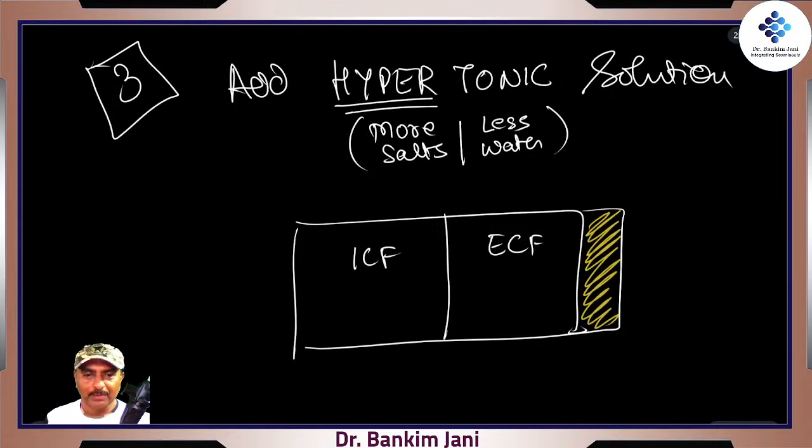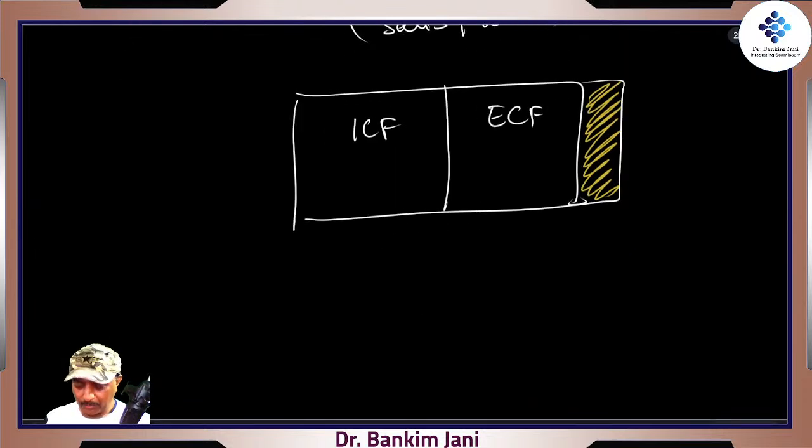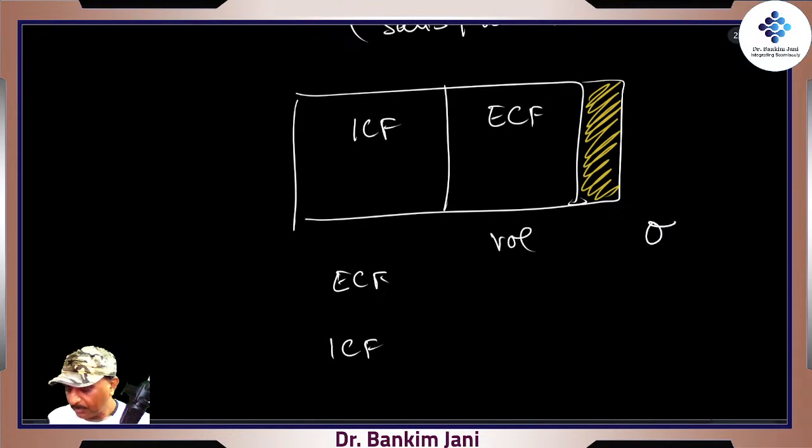So now our standard four questions: ECF, ICF, volume, osmolarity. What would happen to the ECF volume? We are adding something, so ECF volume would increase, right? We are adding such a sweet chai, so our original chai will become sweeter than the previous one.